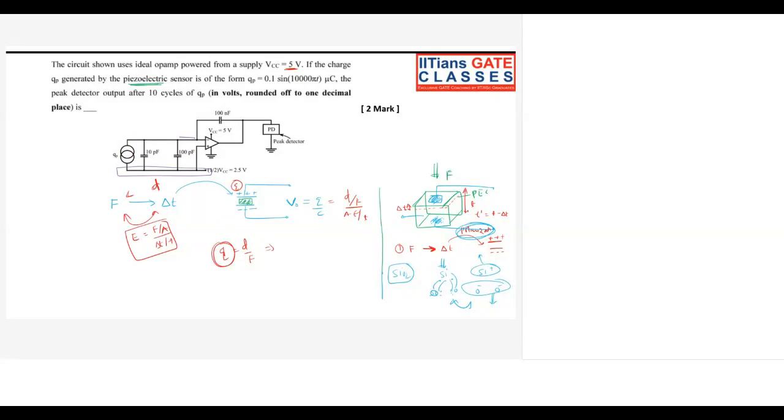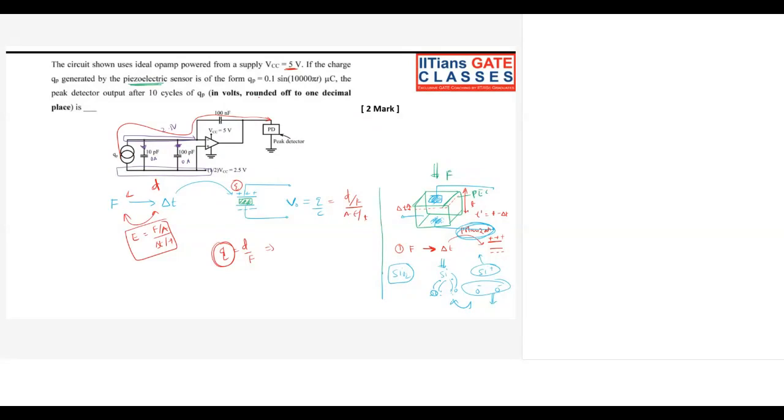So if this is 2.5 volt, this will also be 2.5 volt. So will there be any current flowing through this piezoelectric capacitor or your cable capacitance? No, there won't be any current. It means that whatever current is generated from this charge generator will directly go to the feedback capacitance and directly appear here.